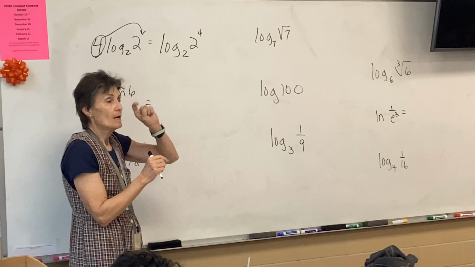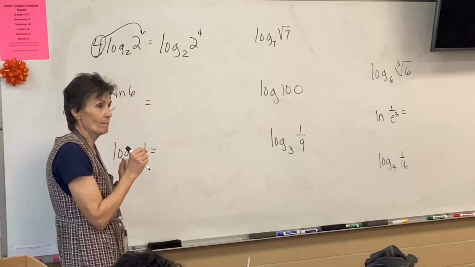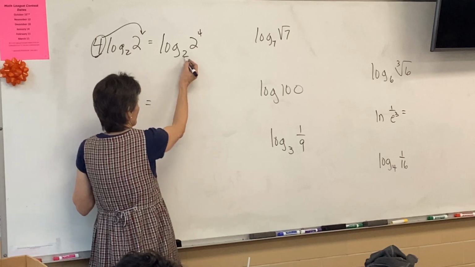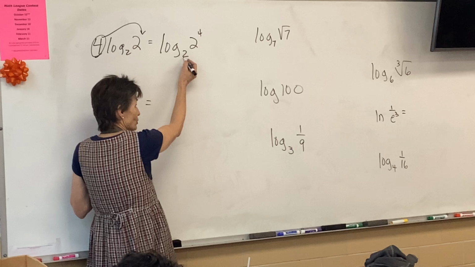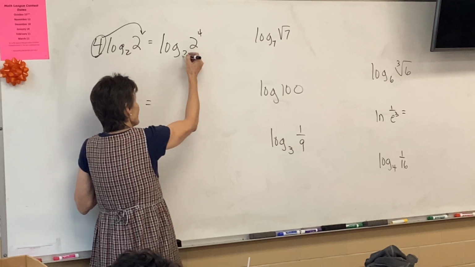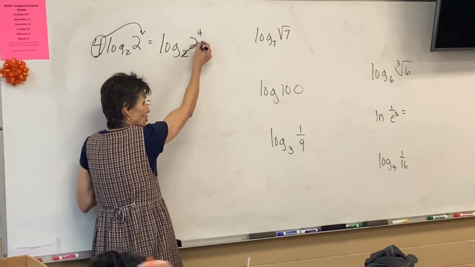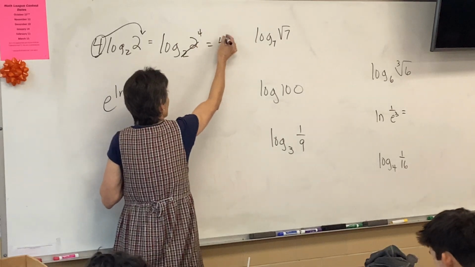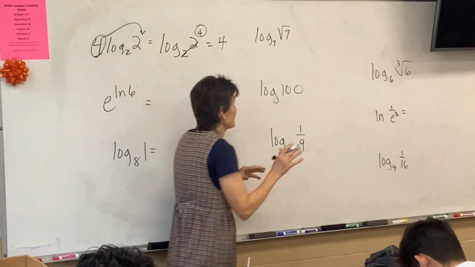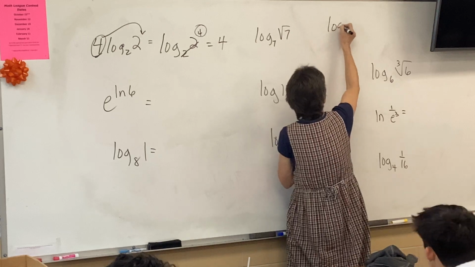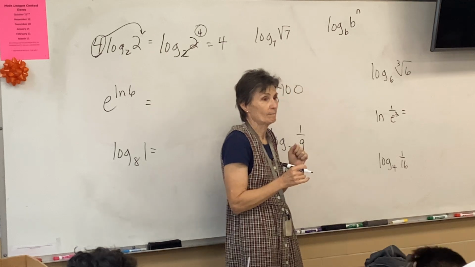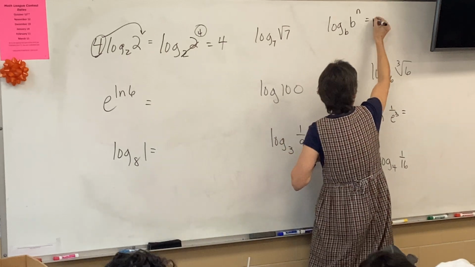Another thing to remember is, whenever you have a situation where the base of the logarithm, log base 2, and the thing you're taking the log of, whenever those two numbers match, the answer is the other number. So formally, let me write that down as a property. The log base b of b to the n. Whenever you have that situation, the answer will always be n.